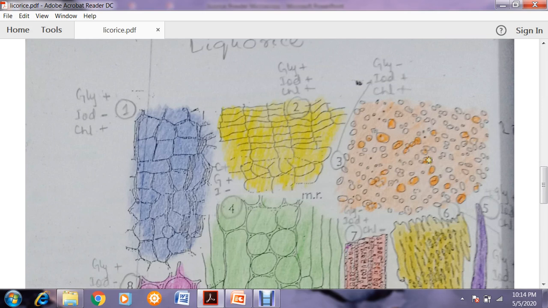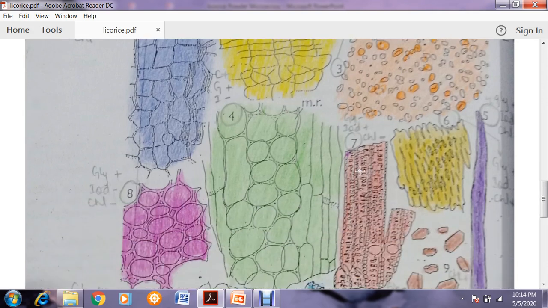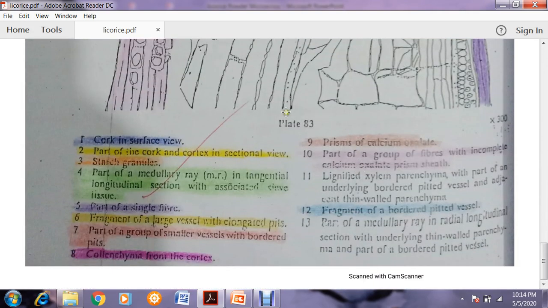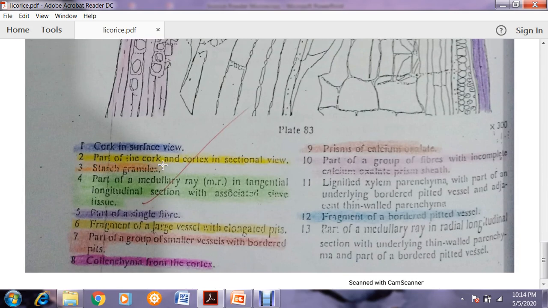Number 3 is quite obvious. What is this round structure? May be scattered alone or may be found as a group of 2 or more than 2. These are basically the starch granules. You can see the detail. These are starch granules which are abundantly found in the sample of Glycyrrhiza glabra.